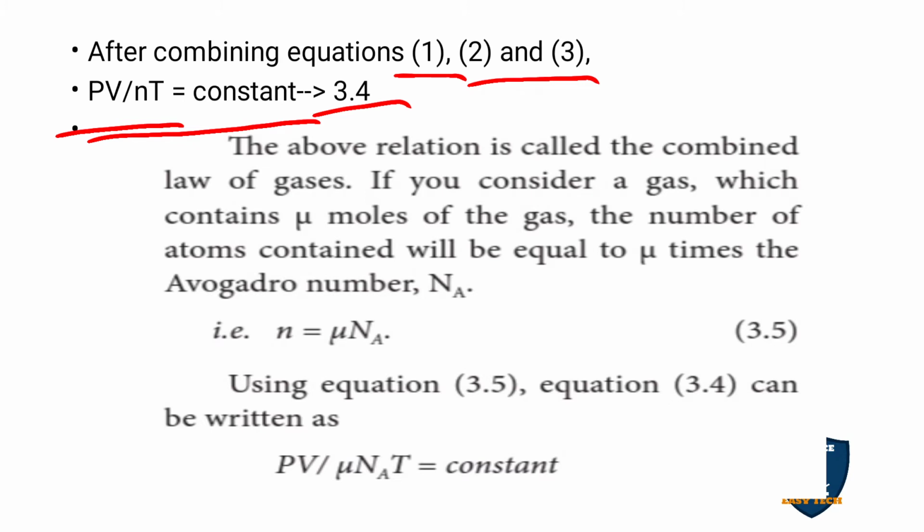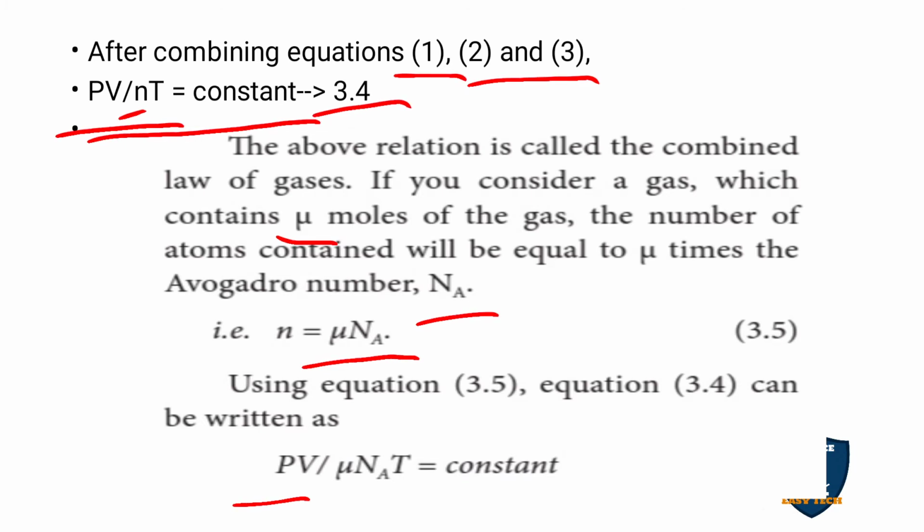If you consider a gas which contains mu moles of gas, the number of atoms contained will be equal to mu times the Avogadro's number. Avogadro's number is denoted as N_A here. So N is denoted as mu N_A.